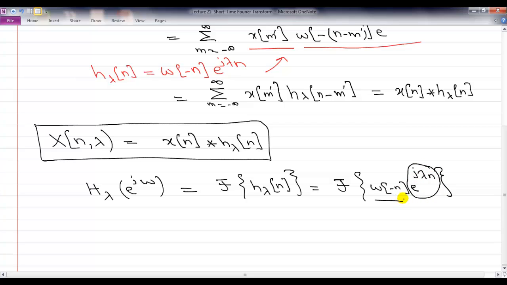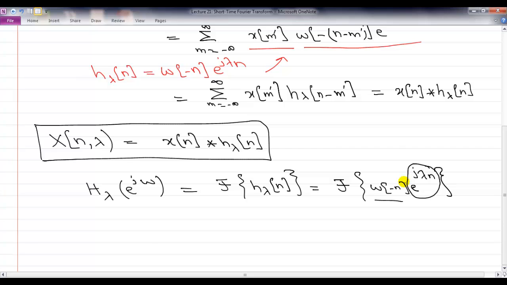You are taking w of minus n and modulating it with e to the j lambda n. Modulation in time means the Fourier transform will be just a shift of the Fourier transform of w of minus n.